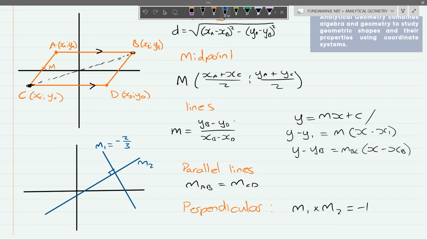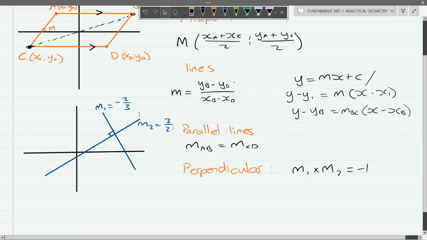-2/3. How can you quickly get the gradient of m2 knowing that m1 is -2/3? First of all, you change the sign and then you swap the denominator with the numerator. So 3 goes on top and 2 goes at the bottom, such that this gradient will be 3/2.